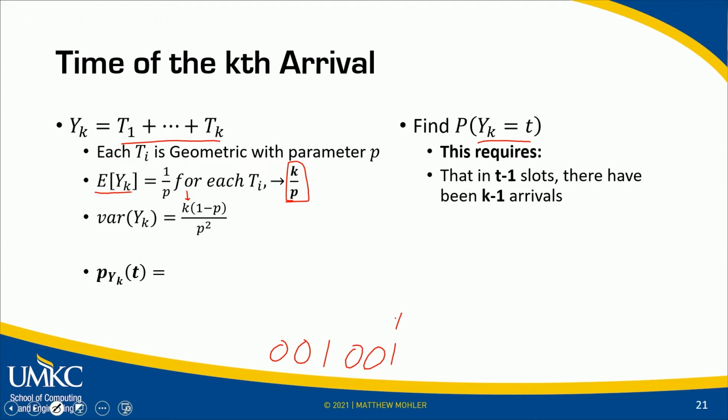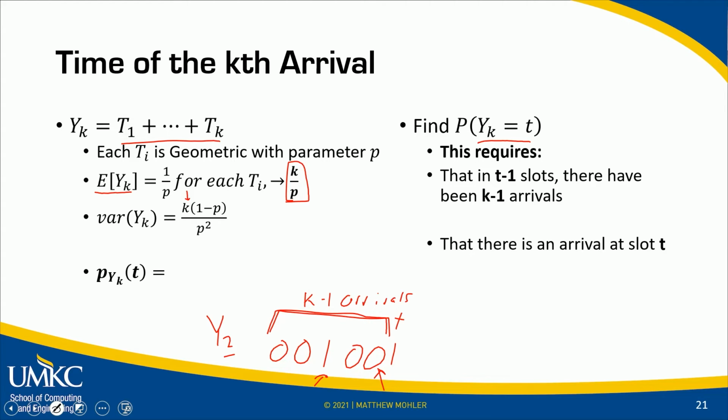So if this last one is slot t, and we're interested, let's just say, in Y sub 2, then from the beginning to this last 0 right here, that is t minus 1 slots, there have been k minus 1 arrivals. In order for this to happen, k in this case is 2, and so there must only be 1 arrival. And we see that because there is indeed 1 arrival here, but what's the probability that there was only 1 arrival in this range?